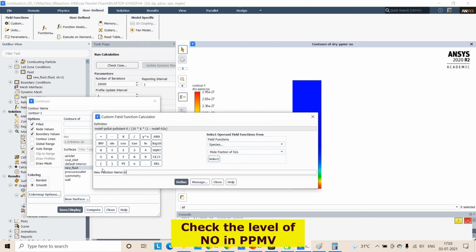Here you can select ppm v, ppm volume basis. Then define it. Then you have to close it. Then see. Then it will be the demo. Check it.